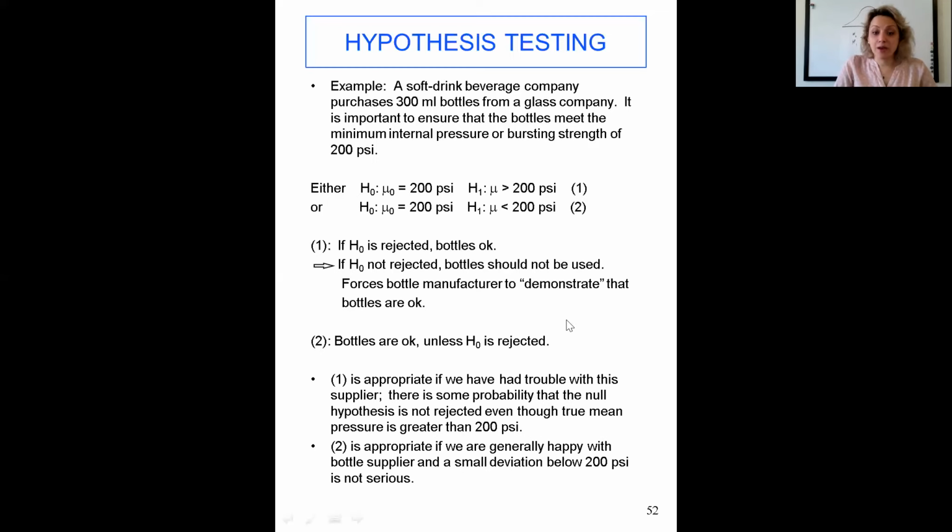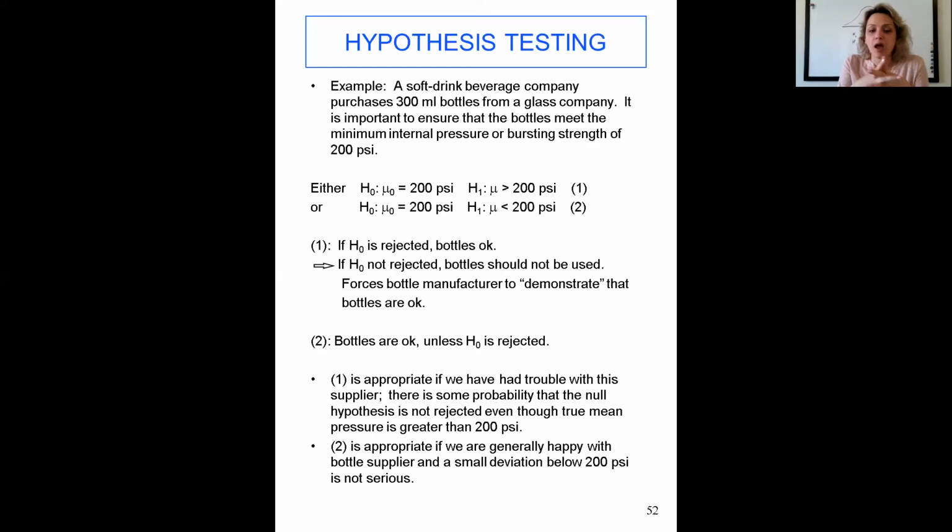The second one is appropriate if we were generally happy with the bottle suppliers, and we only had a small deviation below the 200 psi. A small deviation below 200 psi wouldn't be that serious. We didn't have that many of them, right?